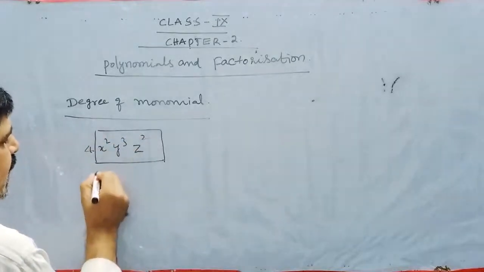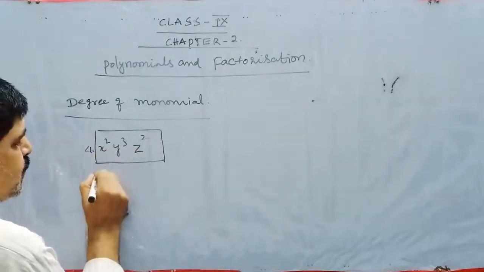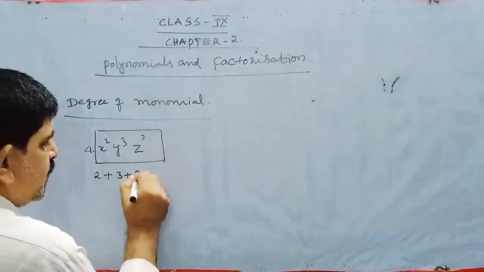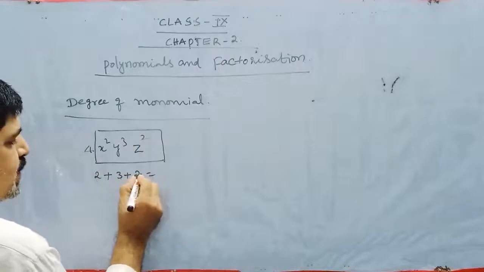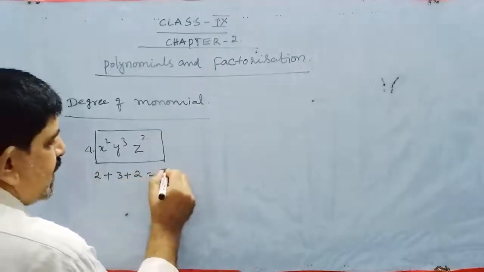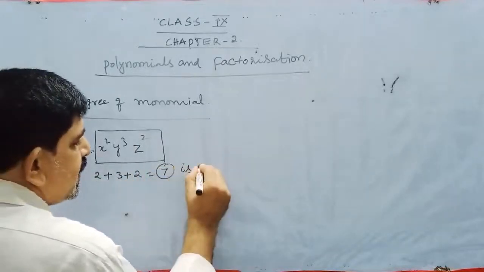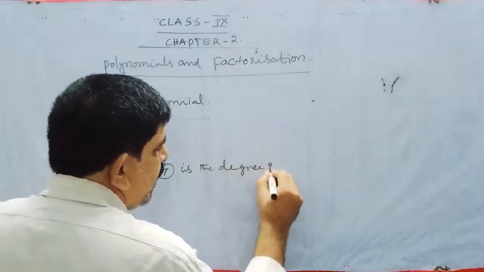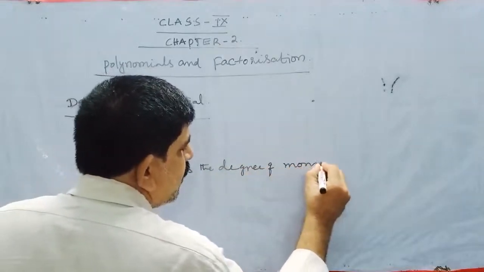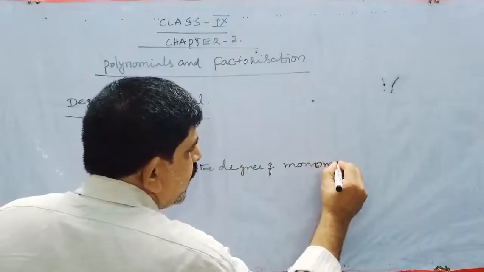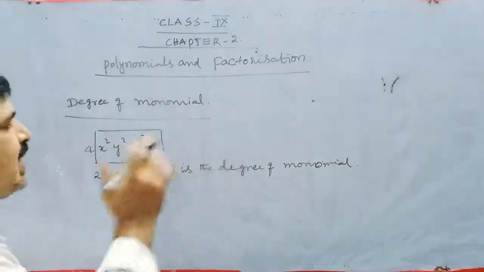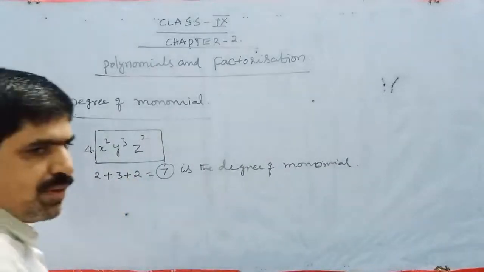Suppose x power is 2 plus y power is 3 plus z power is 2. So 2 plus 3 plus 2, that is 7. 7 is the degree of the monomial. Degree of monomial means we have to add all the powers of the given monomial.